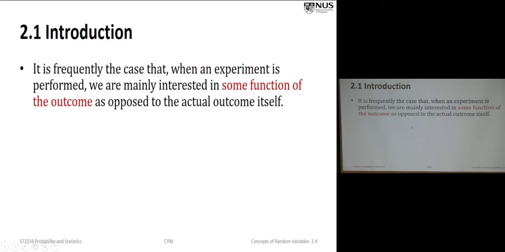All right, now let's begin our journey of random variables. It's frequently the case that when the experiment is performed, we are interested in some functions of the outcome, as opposed to the actual outcome. Toss a die: usually we are interested in the value shown on the top face.